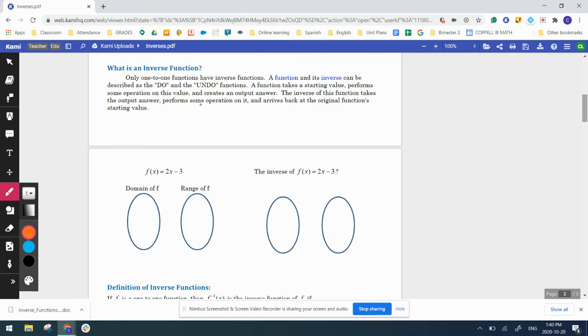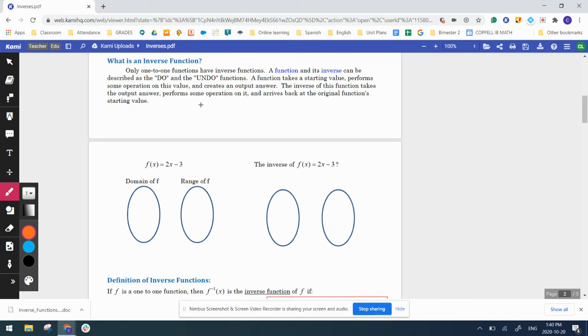So what that all means: if I put a value from the domain of f, so let's put the number 0 in there, because it's easy math. I put 0 in my function and figure out what my output is. 2 times 0 is 0, minus 3, so my output is negative 3.